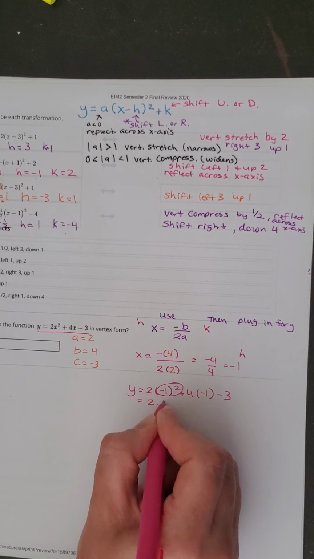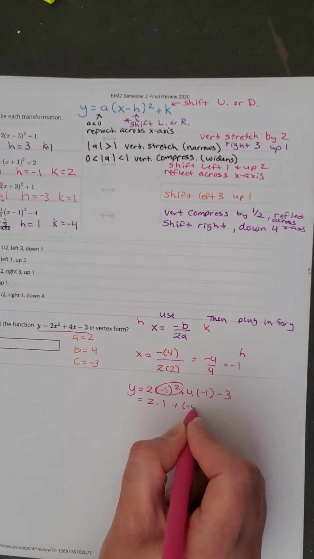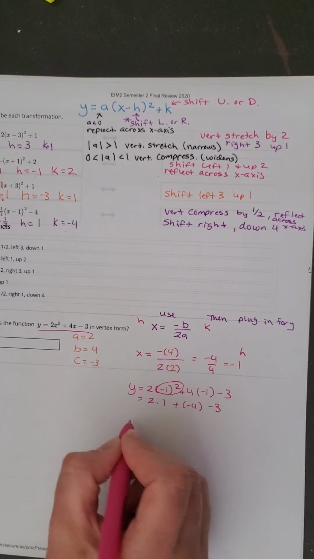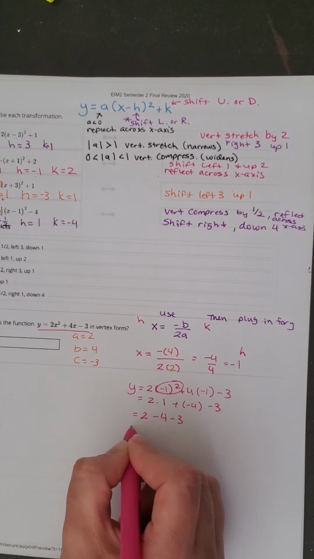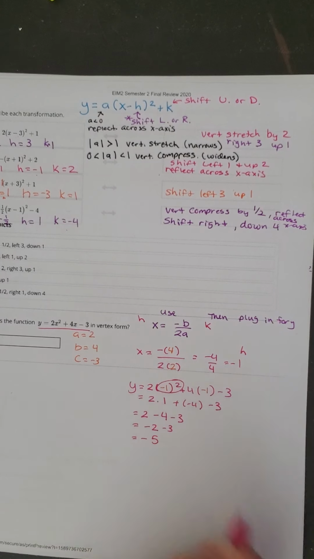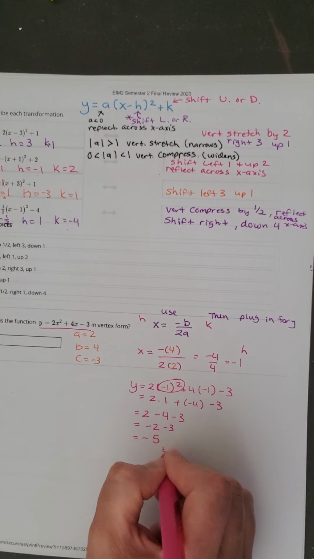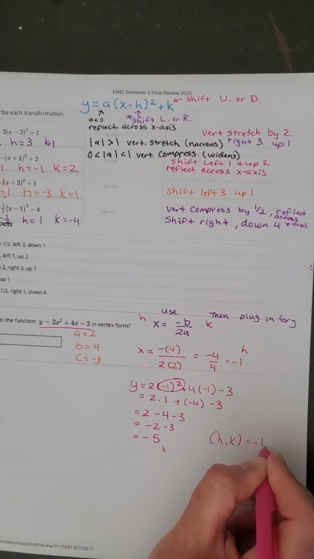So that's 2 times 1 plus 4 times negative 1, which is negative 4, minus 3. So it's 2 minus 4 minus 3. That's negative 2 minus 3, which is negative 5. And this is my k. So h comma k is negative 1 comma negative 5.